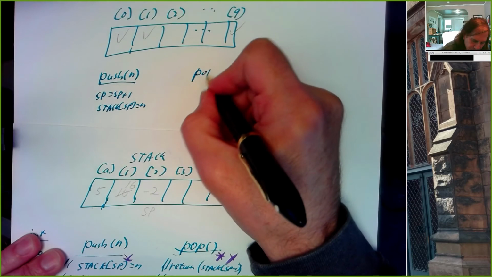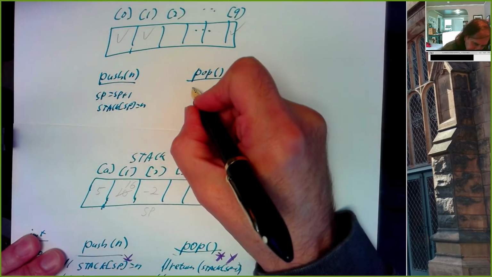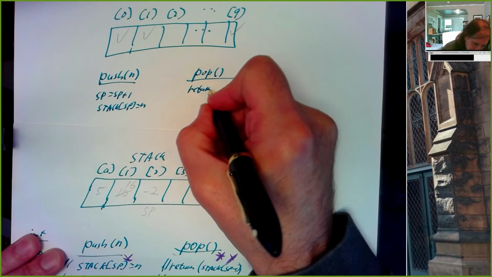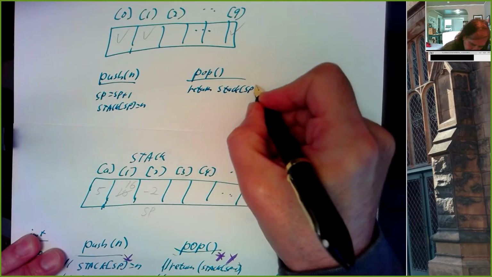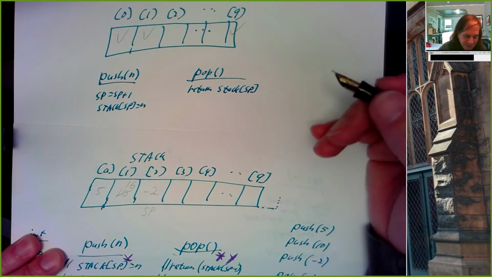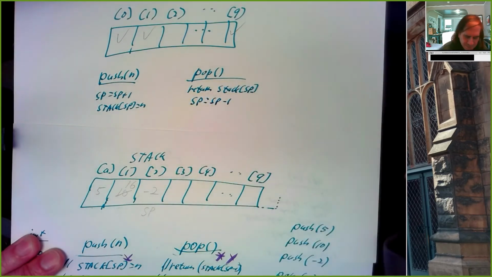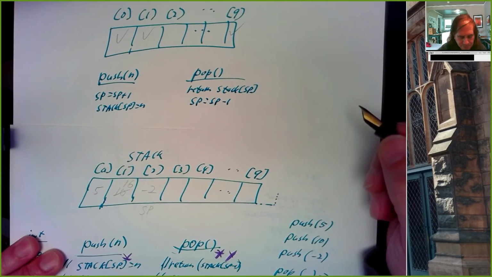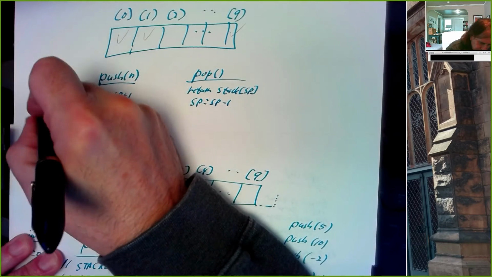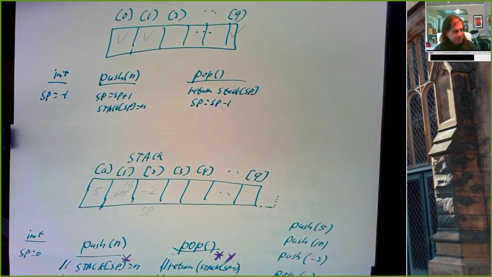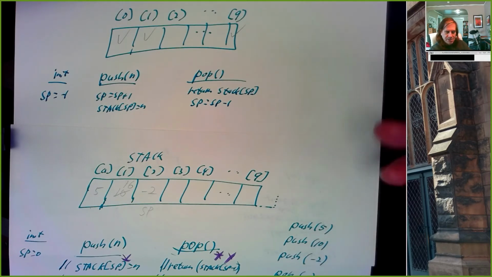And when we pop, first we return the value that's at the position given by SP, and then we decrement. And to initialize, we start the stack pointer at -1.